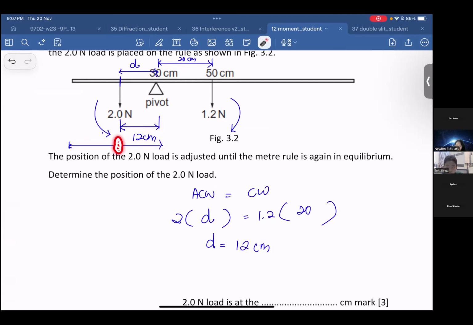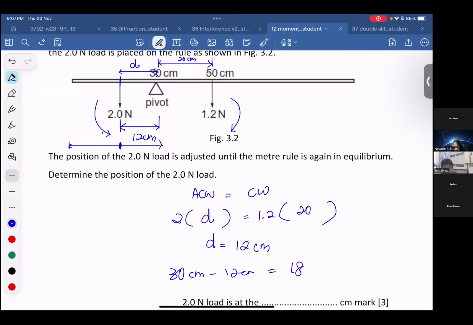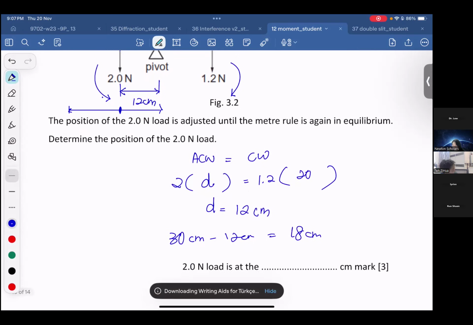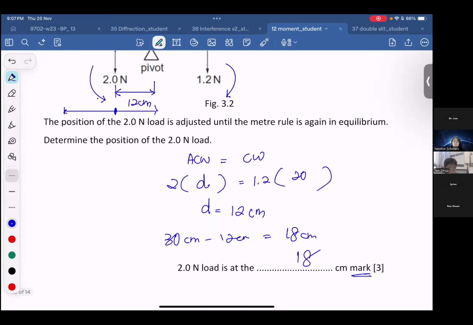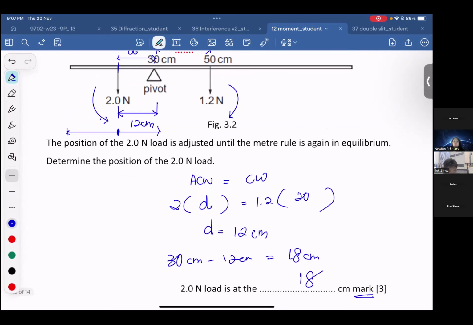This is the position on the ruler: 18 cm mark on the ruler. You're able to score 1 more mark. It's asking where we should put it on the ruler, the position, how many cm mark.